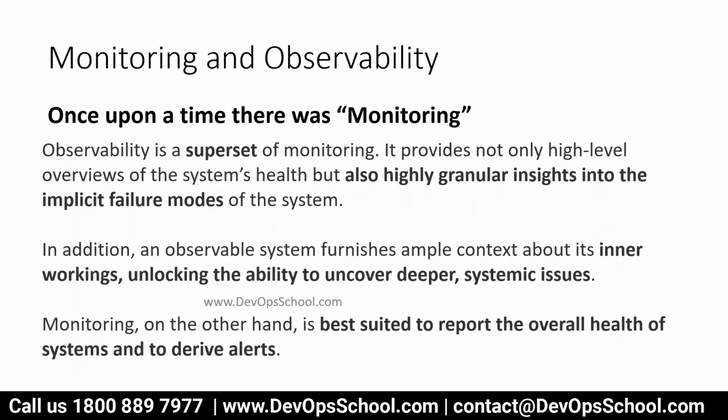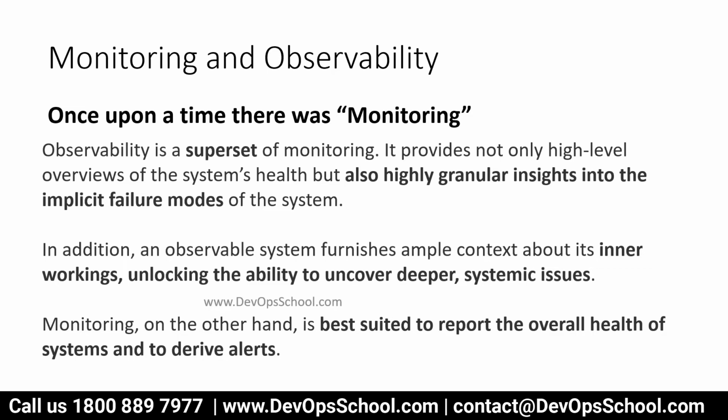We used to do monitoring once upon a time, but observability is a superset of monitoring. It provides not only high-level overviews of system health, but also highly granular insight into implicit failure modes of the system.